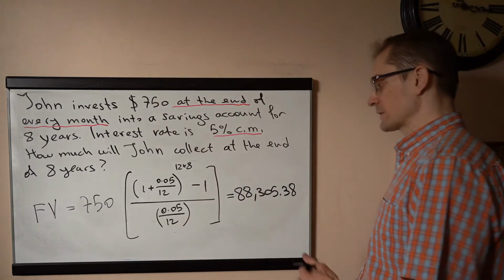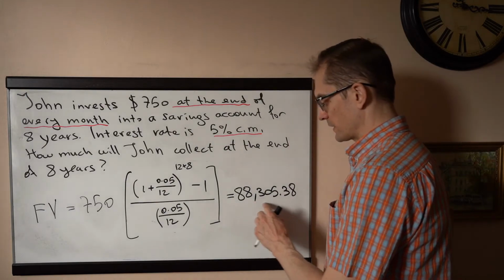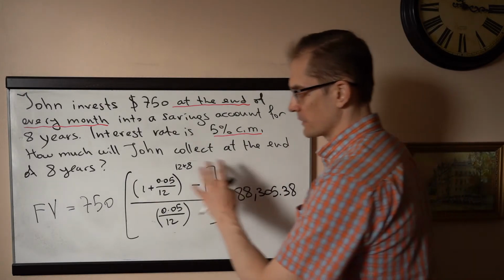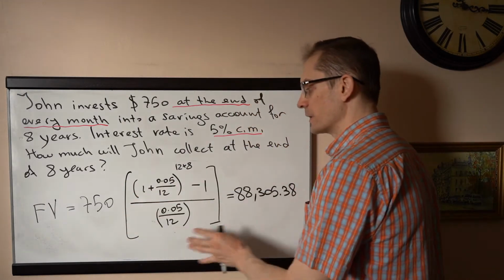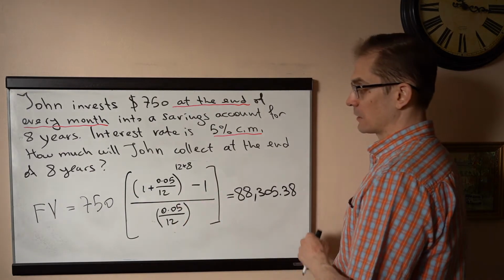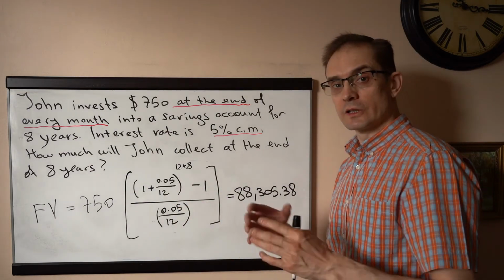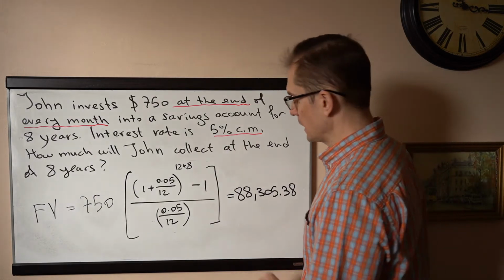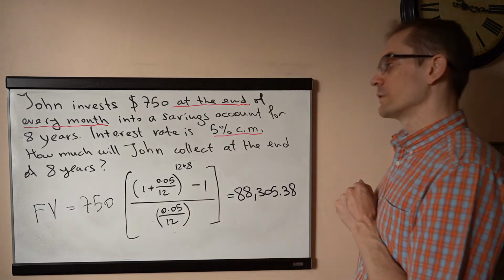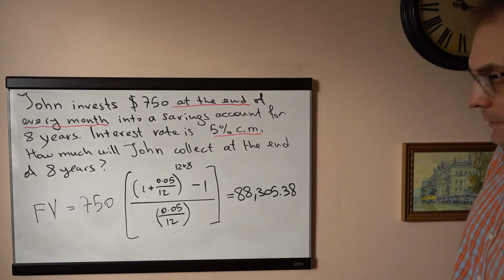That's how we find the future value based on this formula. Just plug things in and calculate very carefully. The calculation process is something you really need to train yourself to do properly, and that will be the future value of this annuity.